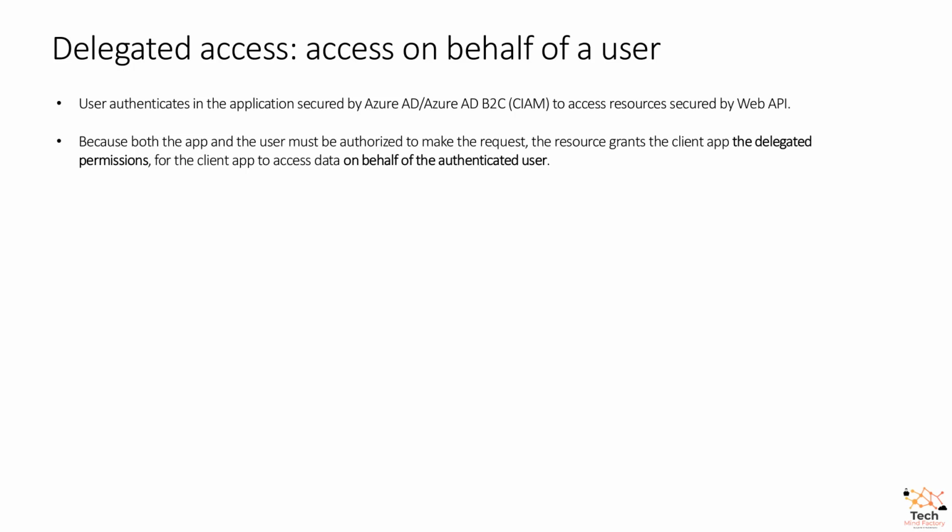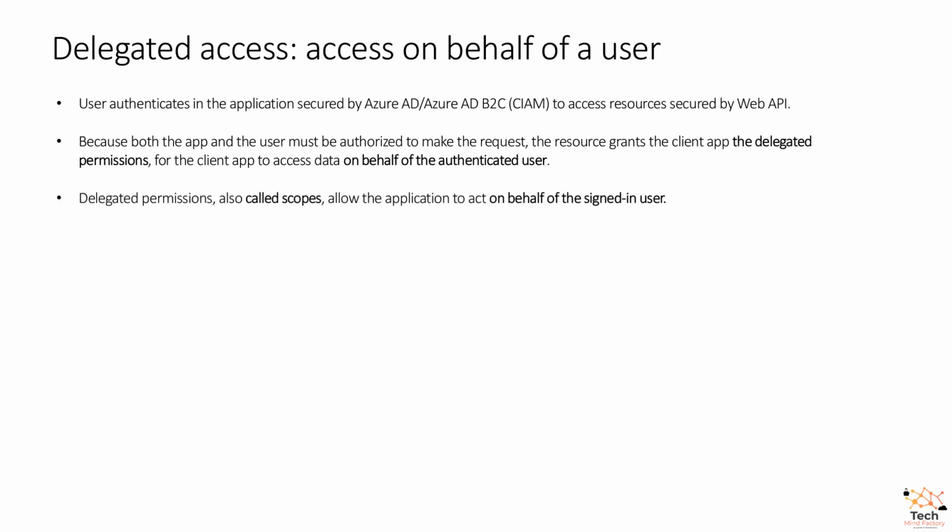So it means that before the application can even call some API, in this context the resource, the application has to obtain the access token first, and to obtain the access token, the application has to ask the user to consent and to grant the permission to allow the application to contact this resource in the context of the authenticated user.